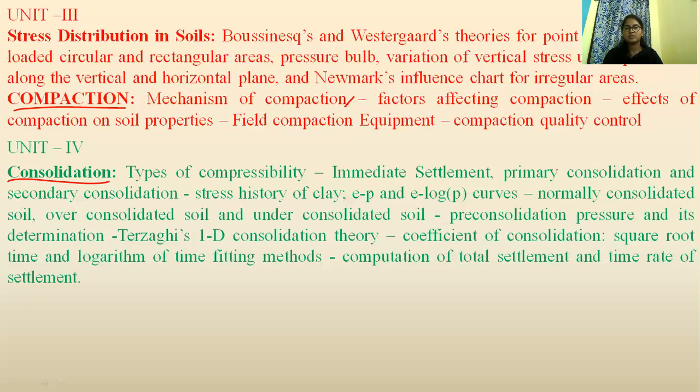Types of compressibility: immediate and primary consolidation, and stress history of clay, e log p, normally consolidated soil, over consolidated soil, under consolidated soil. What is immediate settlement, what is primary consolidation, what is secondary consolidation?